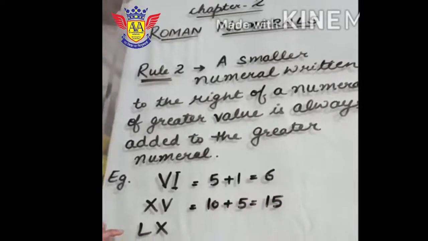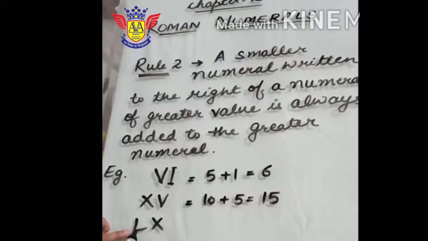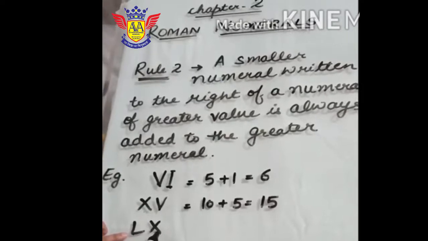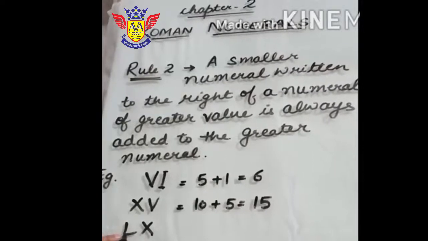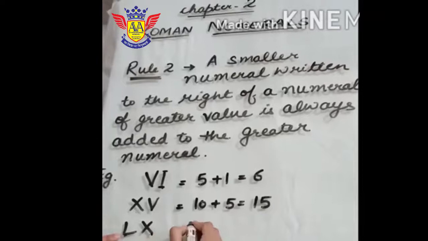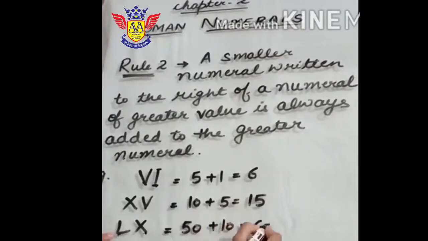Now another example, L and X. We know that L stands for 50 and X stands for 10. And X is a smaller numeral which is written on the right side of a greater value numeral. So this will always be added to this one. Means 50 plus 10 equals 60.